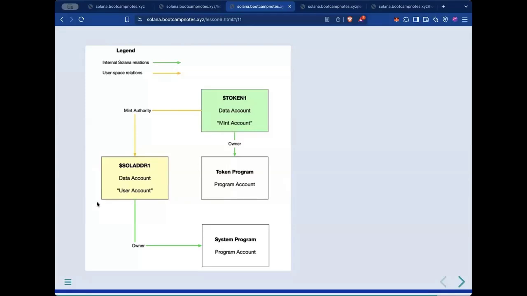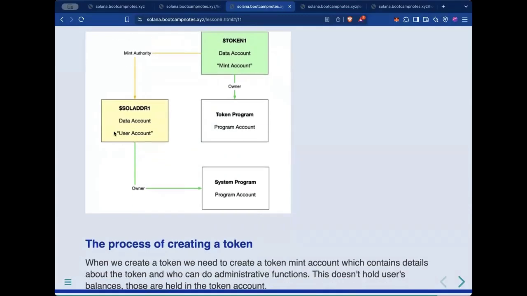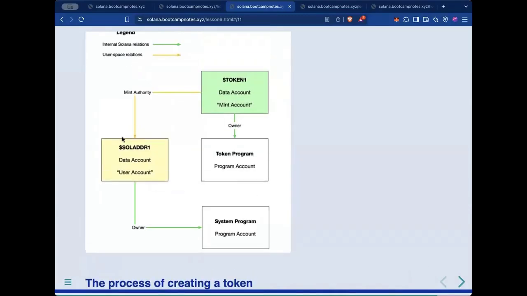But then we also have another account, the token account, which is created for each holder of that token. So this may seem a little odd, and you may think, well, why don't we just have all of that in the mint account? Details of who owns a token or details of the balances. But we don't. We actually create new accounts for each holder of the token.